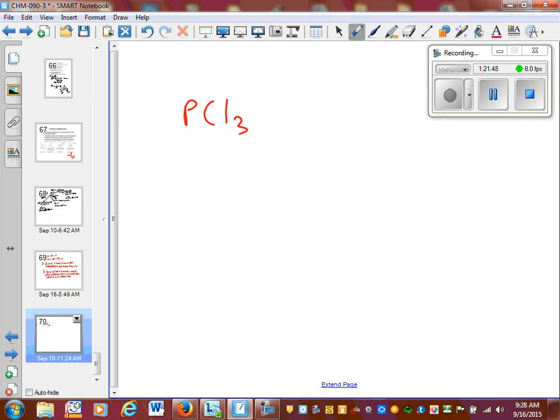All right, P, Cl, Cl, Cl. Next step, bonds. Next step, double bonds, no, octets. That's it. Why do I give you a list if you won't follow it? How many electrons have we used? 24. How many are left? 2. Where are we going to put them?